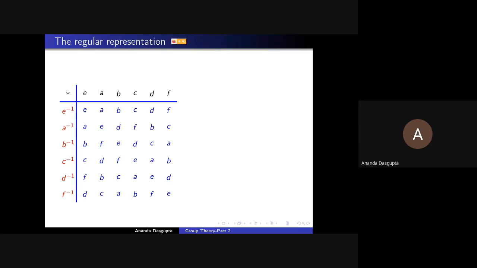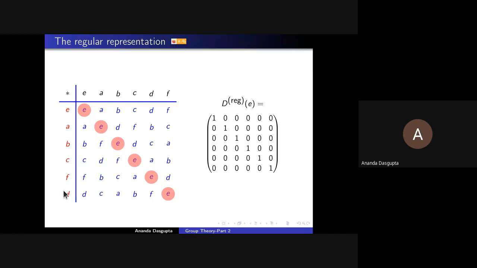You want to find, remember there are 6 group elements, so 6 regular representation matrices. And I've just relabeled them with F and D. That was D inverse, F inverse anyway, so no real change. Now all you do is find out where the E's are. The E's are all down the diagonal. So the regular representation matrix for E is, no surprises at all, ones down the diagonal.